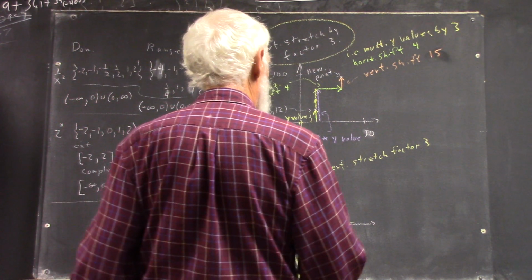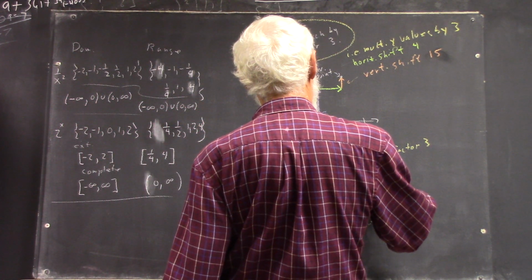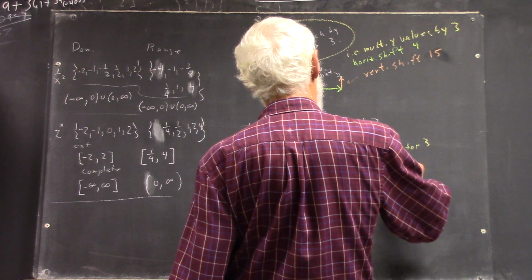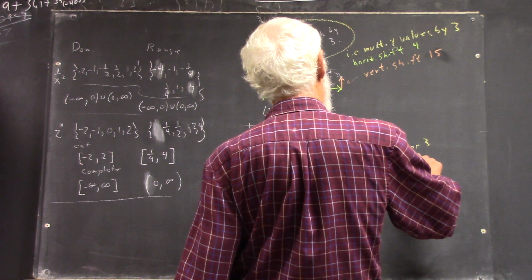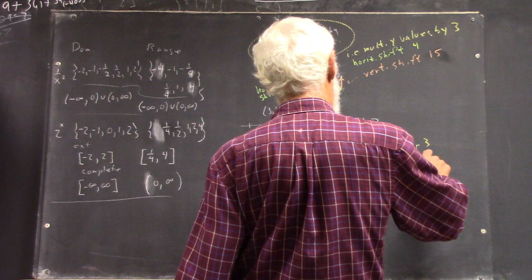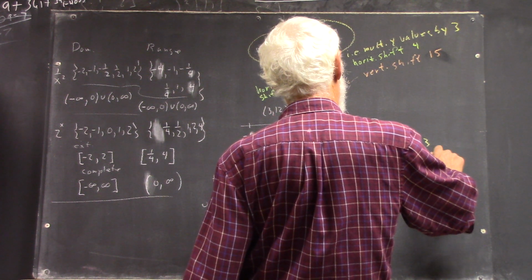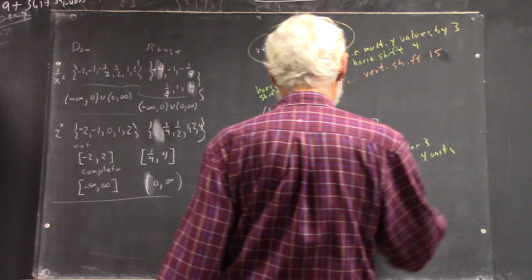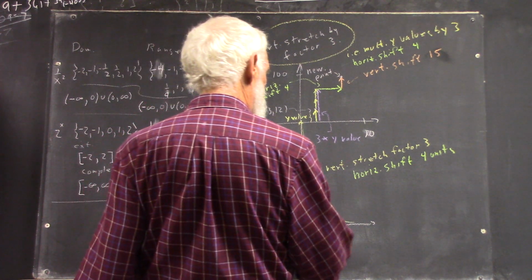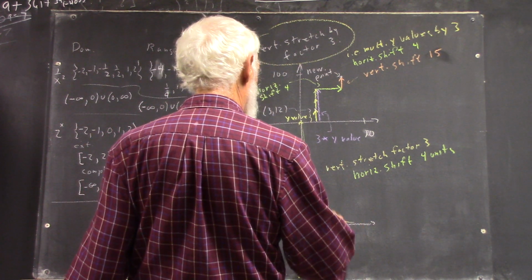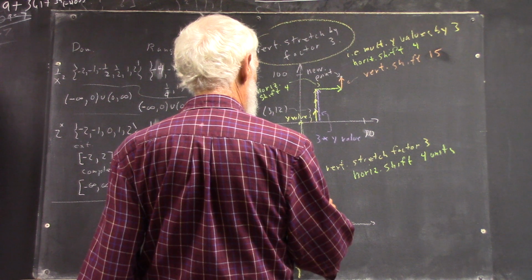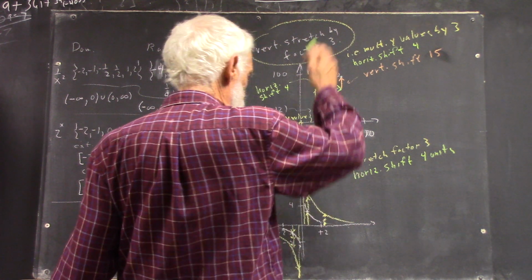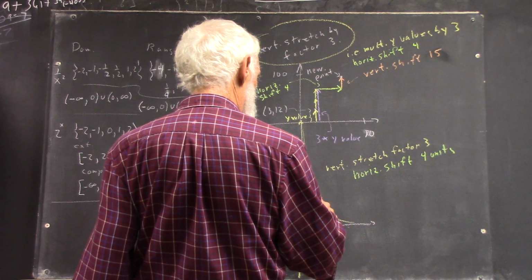So then we do a horizontal shift of, let's say, 4 units. So 4 would be about this long. There's 2. Here would be 4. So I'm not going to try to draw this. I'm just going to mess up this graph. You understand where it's going to go.